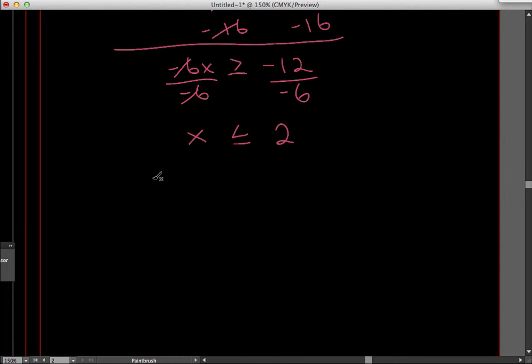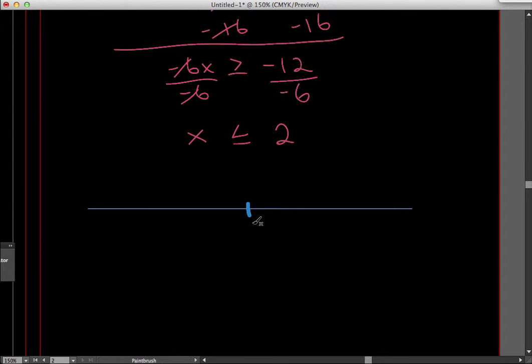And now we can actually graph this on a number line. So if I have my number line here, and let's mark some pieces on here.